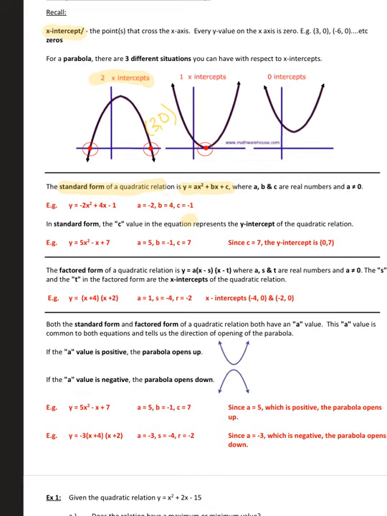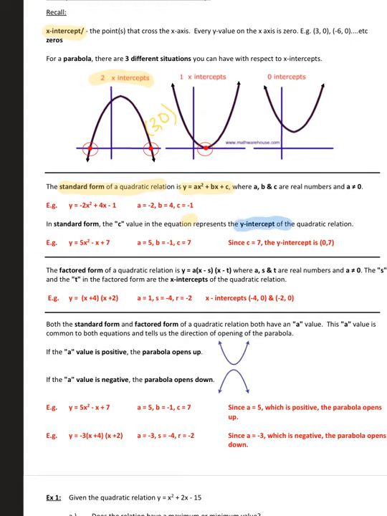And these are some examples of how we see this, okay? So if I had y equals -2x squared plus 4x minus 1, what this is saying here is that my a value is -2 because that's the number that's in front of the x squared. My b value is 4 because that's in front of the x, and my c value is -1, okay? In standard form, remember our c value is always our y-intercept here.